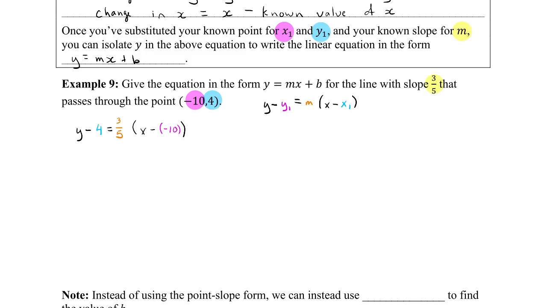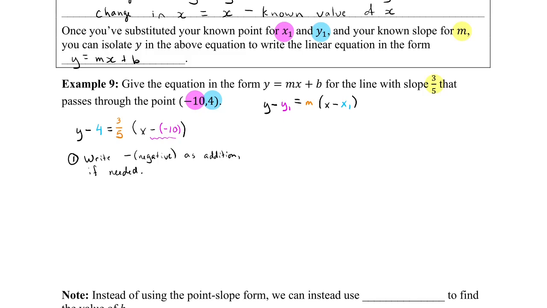Our first step is, if when we plugged into the form there was anywhere we got minus a negative, we're going to rewrite that as plus a positive. So in this example, that needs to happen here.